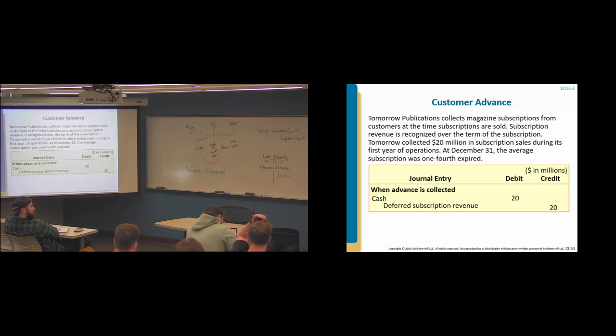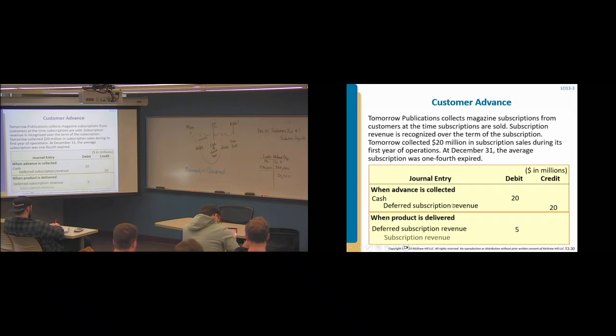Now, 1/4 of 20 is what? 5. So 5 million of the 20 million is going to get recognized as revenue on December 31st. So what does that mean? That means we reduce the liability account because we provided the subscription, the magazine, whatever it is, and we move that amount into a revenue account. So again, deferred subscription revenue gets reduced.